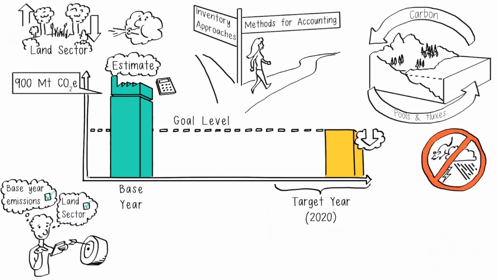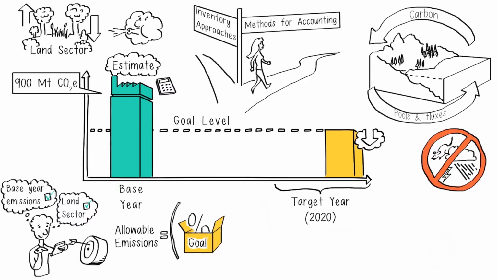Once we know our base year emissions and we know how we are going to treat the land sector, we can start calculating the allowable emissions for the target year, the emissions level that will result if the goal is achieved. In this example, allowable emissions are calculated using the percentage reduction defined in the goal along with the base year emissions.